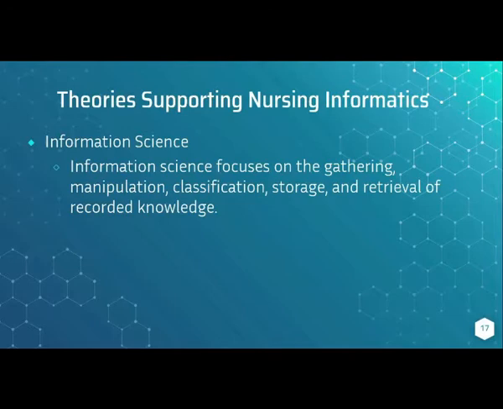Information science. Information science focuses on the gathering, manipulation, classification, storage, and retrieval of recorded knowledge. Information science can be socially oriented, focused on humans and machines, and closely linked to communications and human behavior.